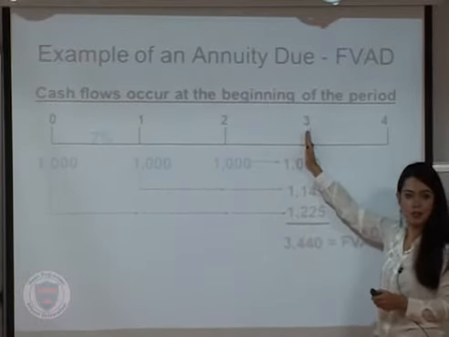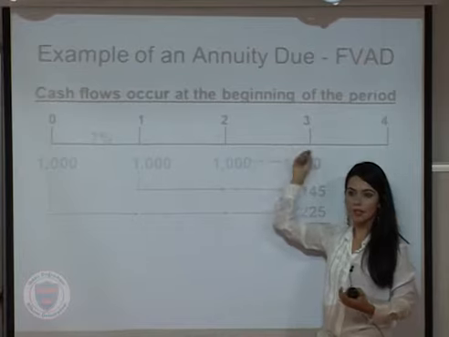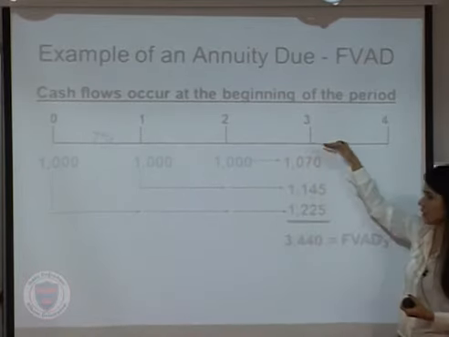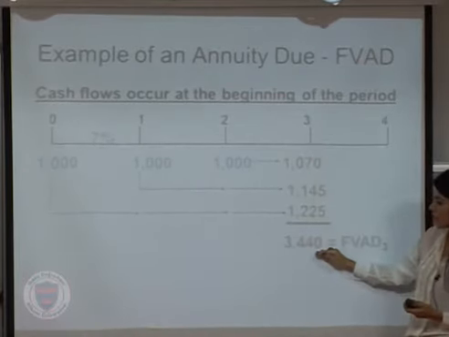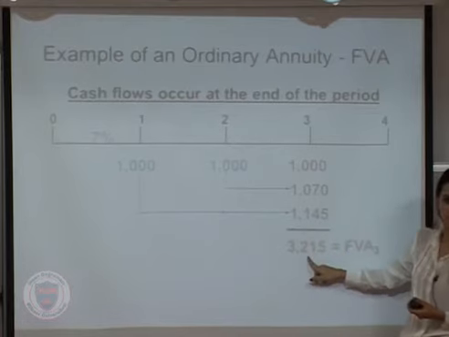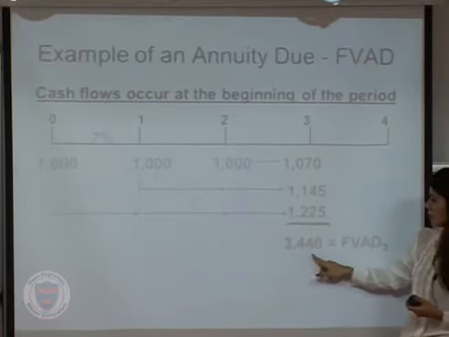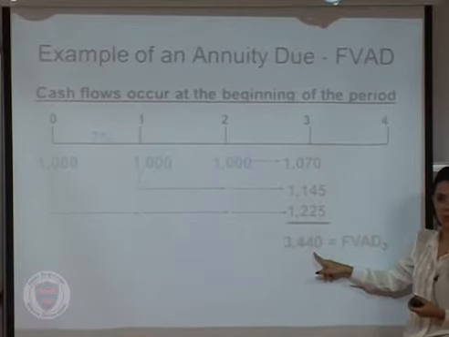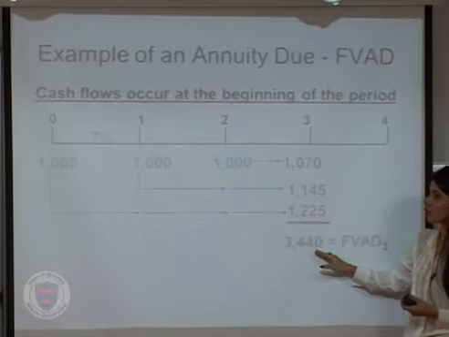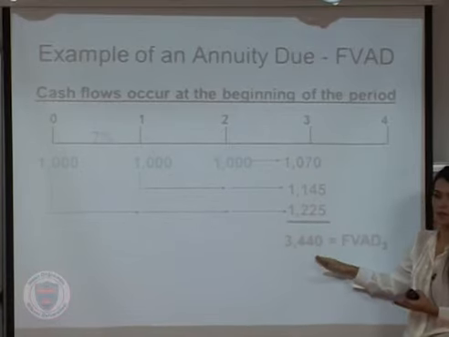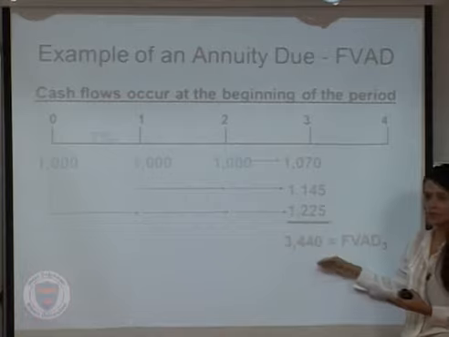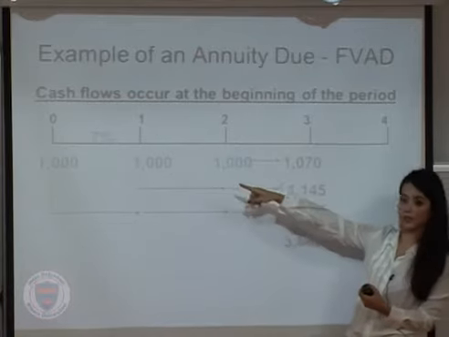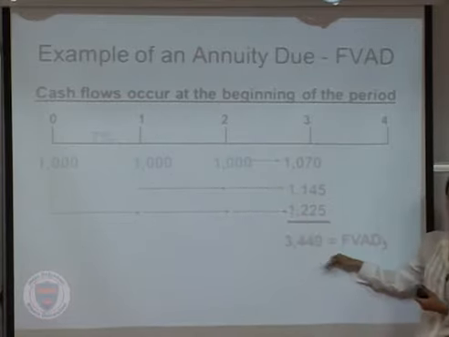The last payment occurred here, not here anymore. So when you calculate the future values, the value you calculated is different than this one. Why is this higher? Actually, you're keeping the money in the bank for a longer time. You start putting the money in the bank account immediately. That's why you have something higher.